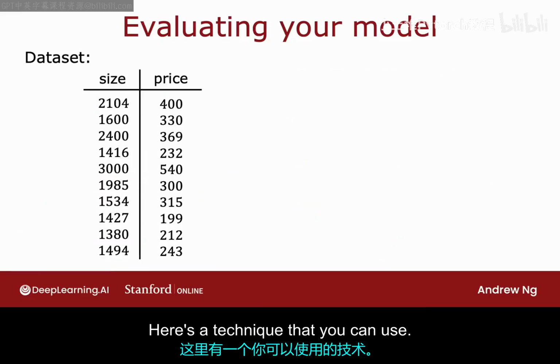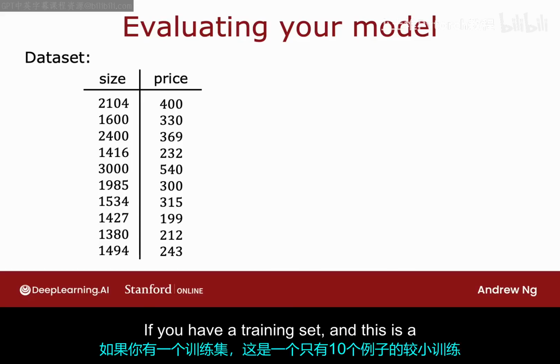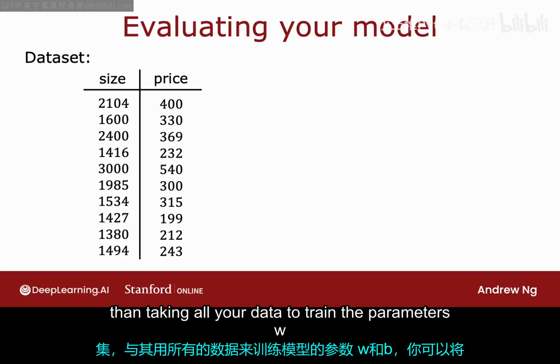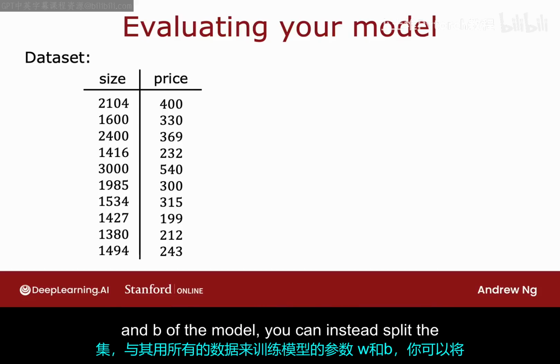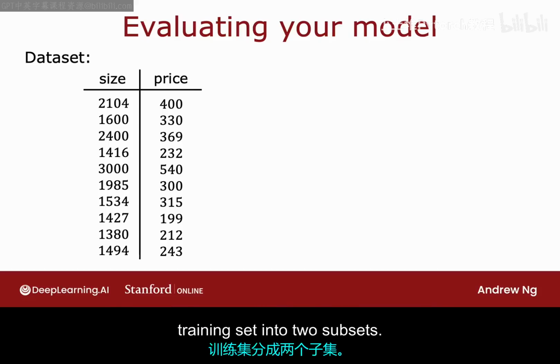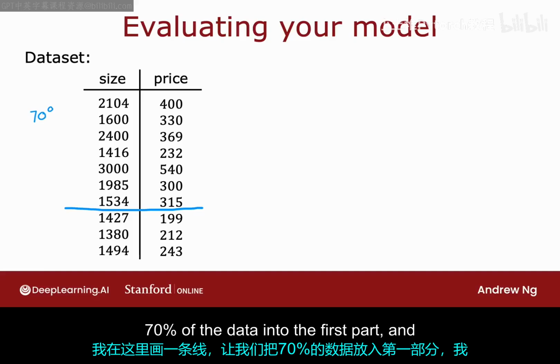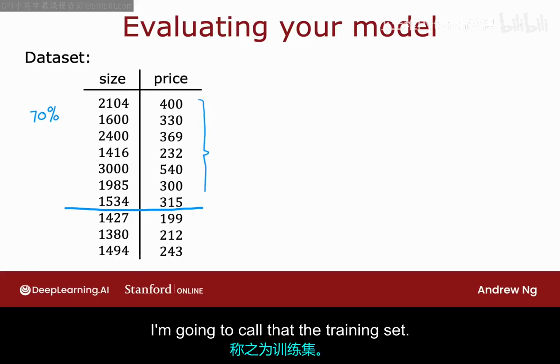Here's a technique that you can use. If you have a training set, and this is a small training set with just 10 examples listed here, rather than taking all your data to train the parameters W and B of the model, you can instead split the training set into 2 subsets. I'm going to draw a line here, and let's put 70% of the data into the first part, and I'm going to call that the training set.